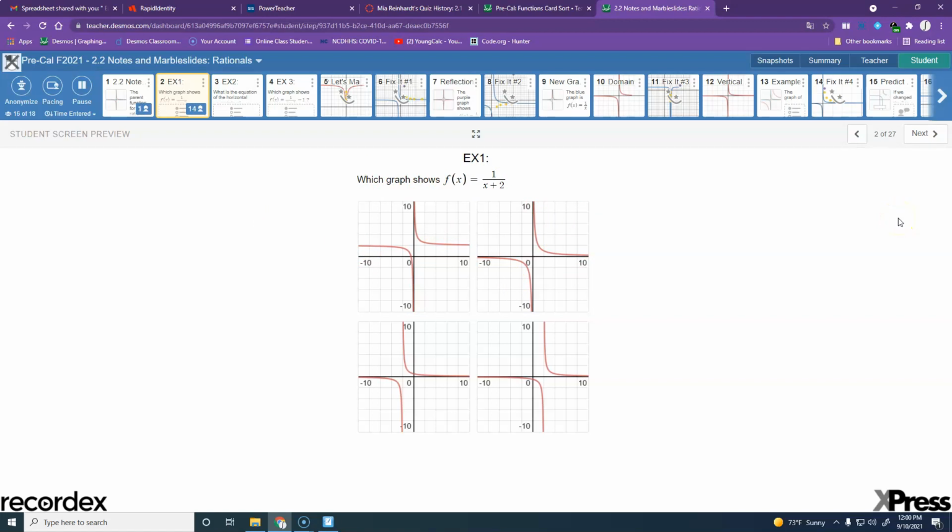All right, so it looks like there might be a couple of you that are still not in, because that should be 18 right there. So go ahead and log into that Desmos classroom thing at students.desmos.com. We're not missing much.